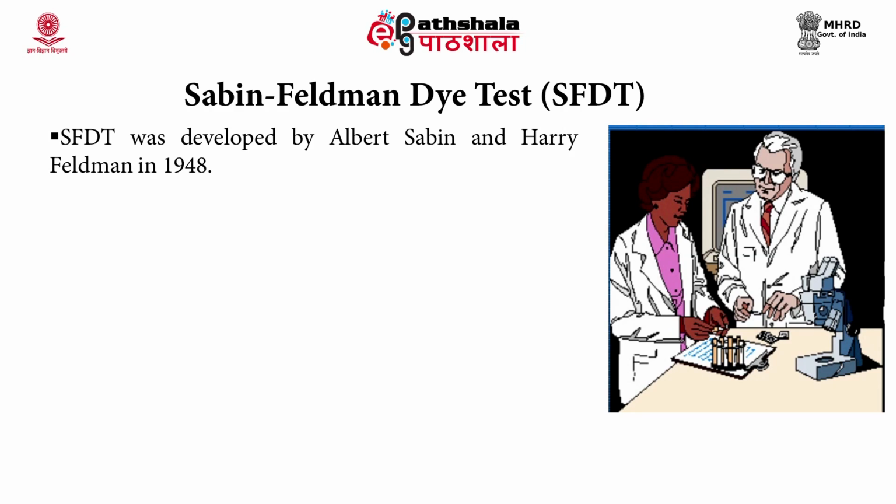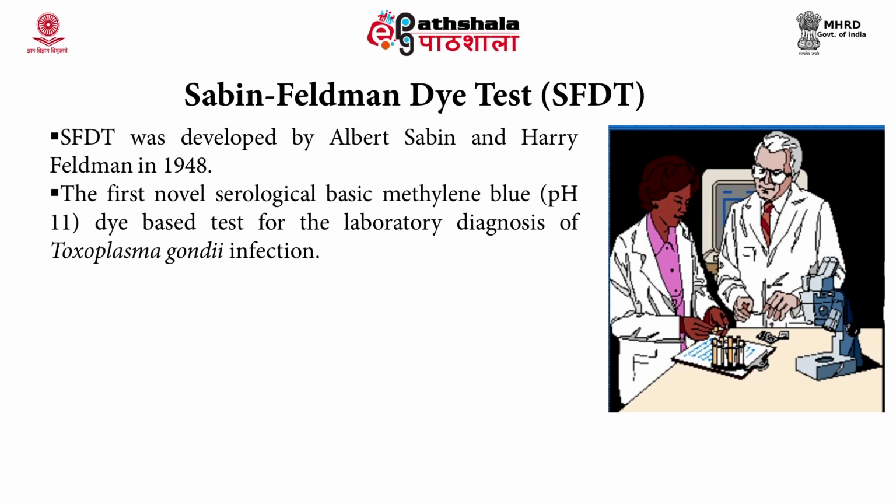In the second test, the Sabin-Feldman dye test, SFDT was developed by Albert Sabin and Harry Feldman in 1948. It is the first novel serological, methylene blue dye based test for the laboratory diagnosis of Toxoplasma gondii infection.